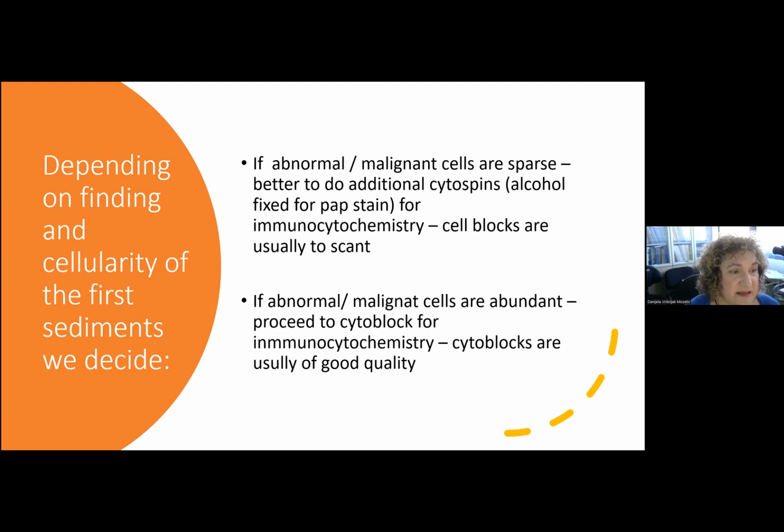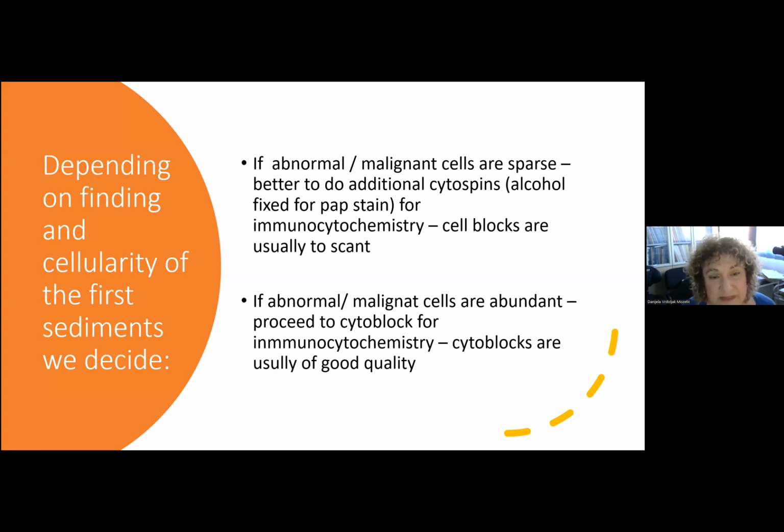Depending on the finding and cellularity of the first sediments, we decide. If abnormal malignant cells are sparse, it is better to do additional cytospins, alcohol-fixed for Pap stain, for later immunocytochemistry, because cell blocks will be sparse. We can predict that our cell blocks will be scant and we wouldn't find any target cells.